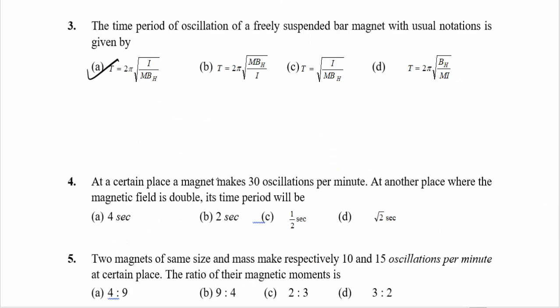Fourth: at a certain place, a magnet makes 30 oscillations per minute. At another place where the magnetic field is double, its time period will be? Now it is asked for time period. What is the initial time period T1?